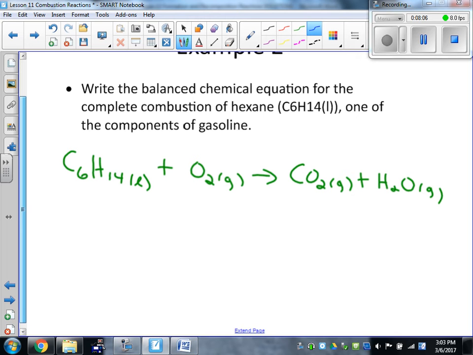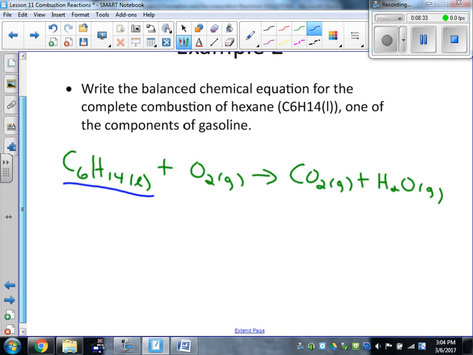Now, this one, same thing. Okay, are we good so far? Yes? Fuel. In this case, it's called hexane. Fuel plus oxygen. Look, if you put gasoline in your car, you fill it up at the pump, does it not need oxygen to burn it?